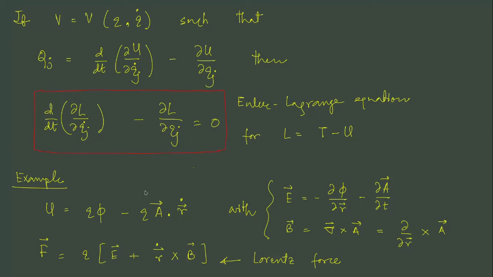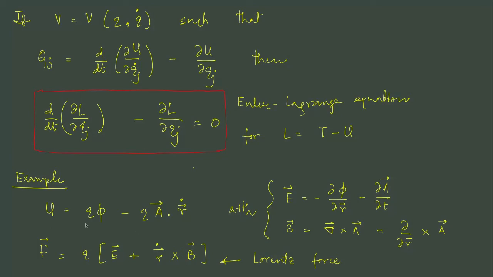A very famous example is where the potential is given by charge times the scalar electric potential minus the charge times the vector potential dot the Cartesian velocity.